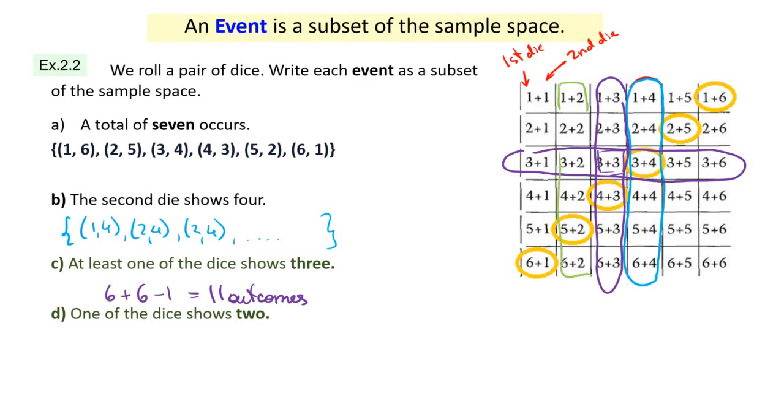So either the second die or the first die, but not both. Okay, so for this event we have 5 plus 5, 10 outcomes.